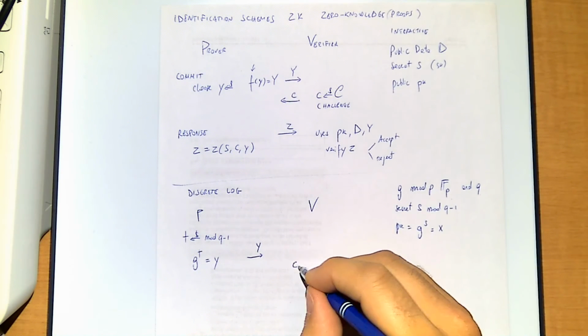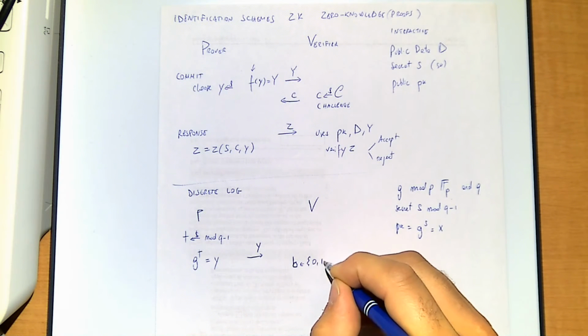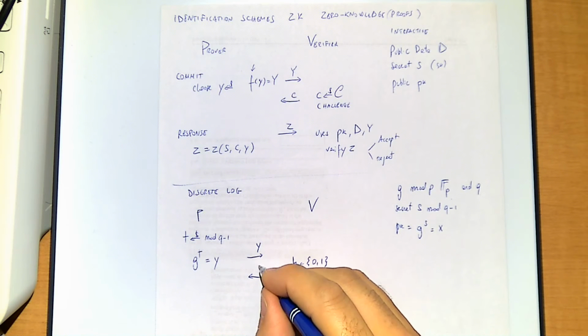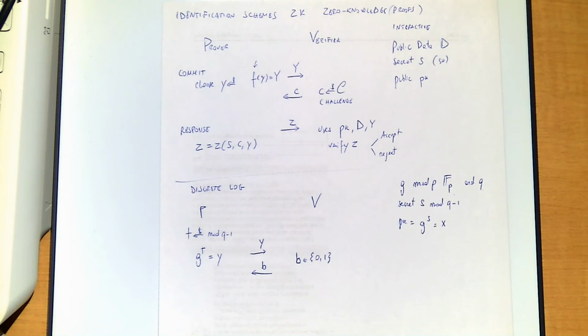The verifier will choose a challenge. In this case, I can think of this B as a bit, so we'll just choose a bit and send B. Because B is binary, this is a very simple instance.